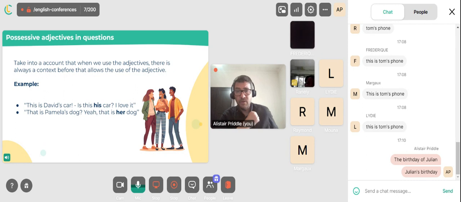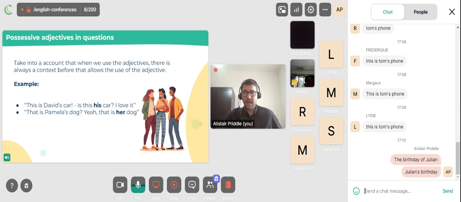That is Pamela's dog. Yeah, that is her dog. So take into account that when we use the possessive adjectives, there is always a context before that allows the use of the adjective.